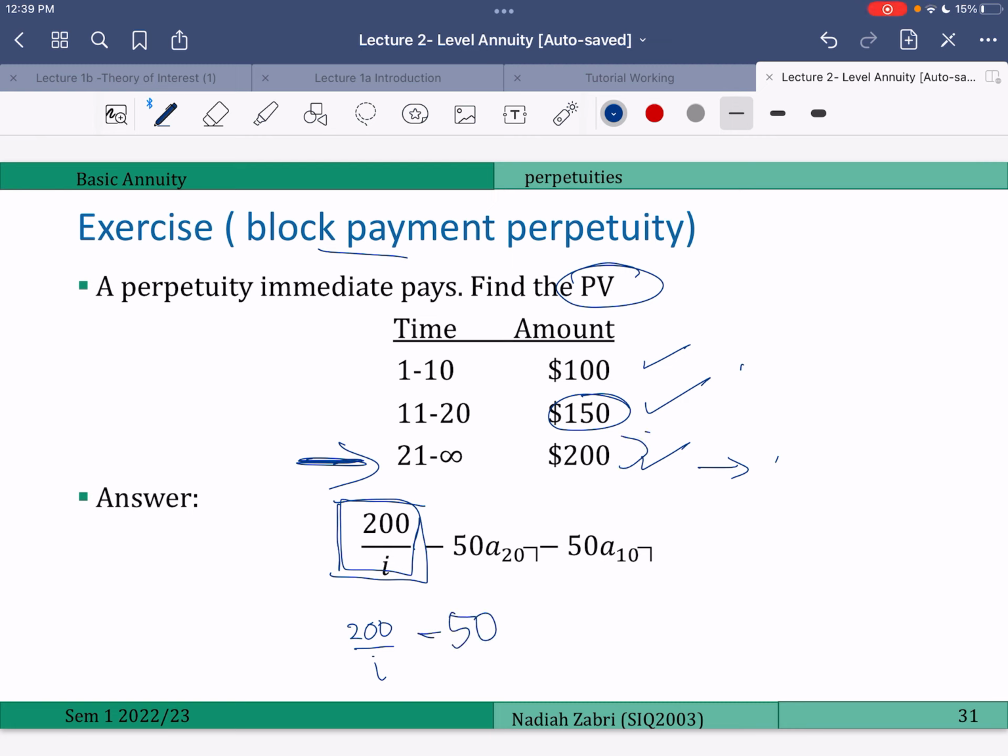You are doing this just for the blocks that are before this one, right? So a-angle-20. And then for the first block the difference is also 50, so you minus another 50 for the first block only, which is a-angle-10. Okay. Next.